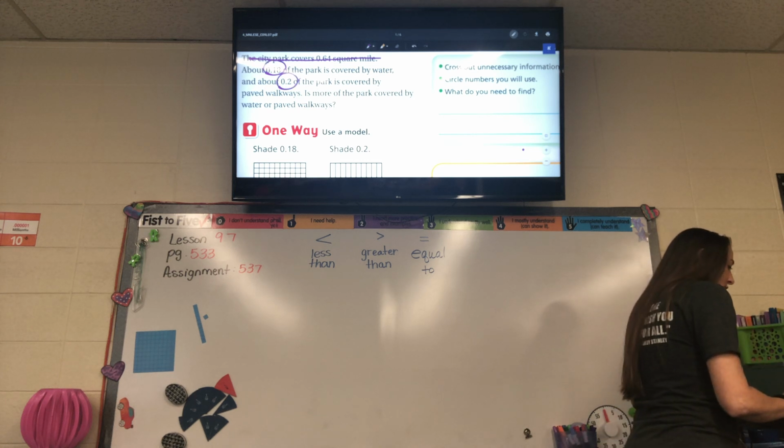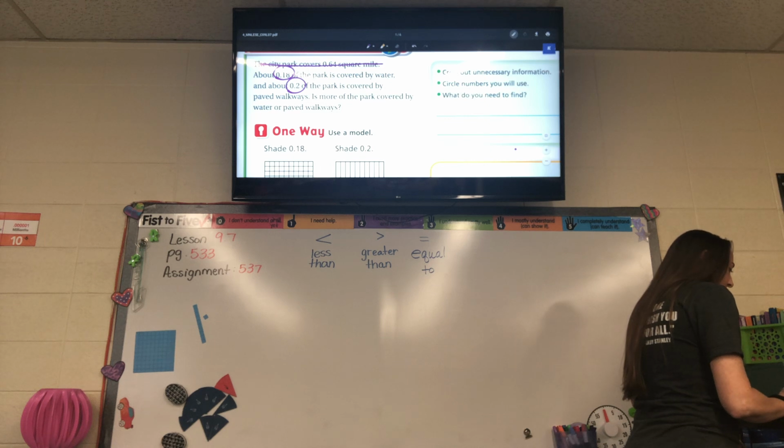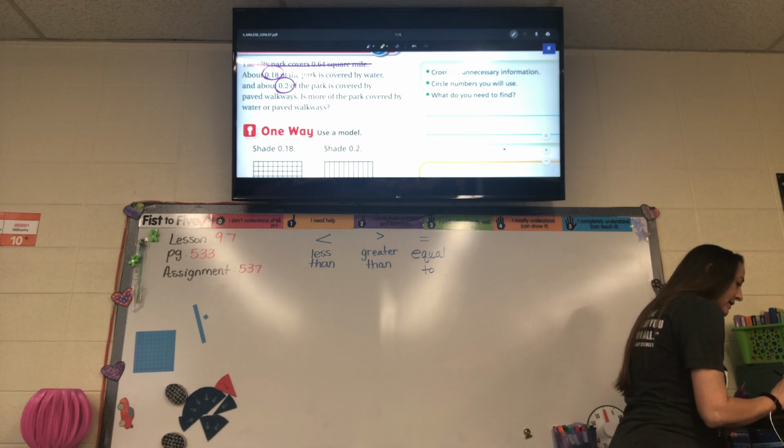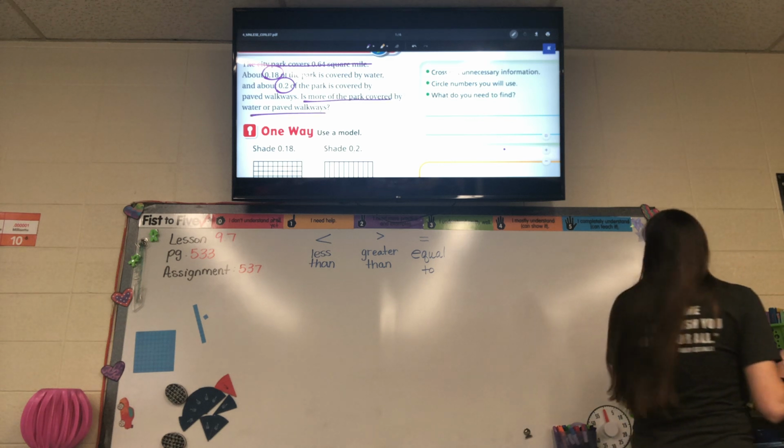And then it says, what do you need to find? And what we need to find is whether more of the park is covered by water or walkways.